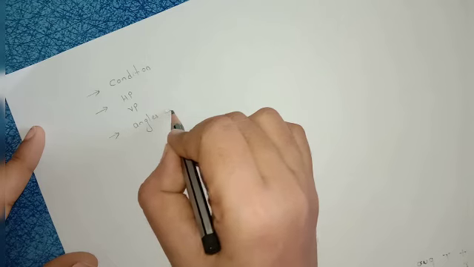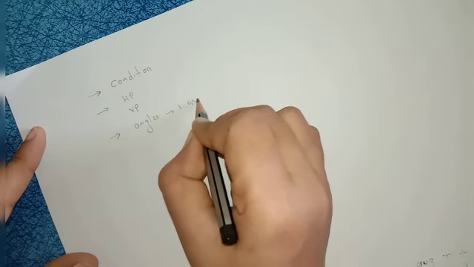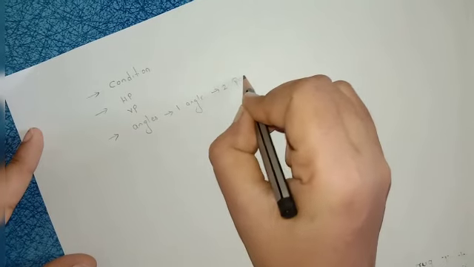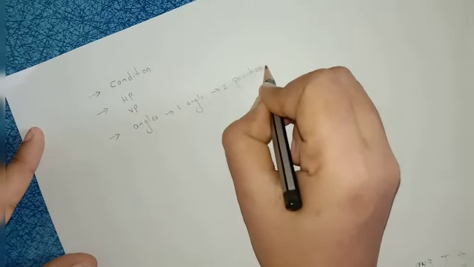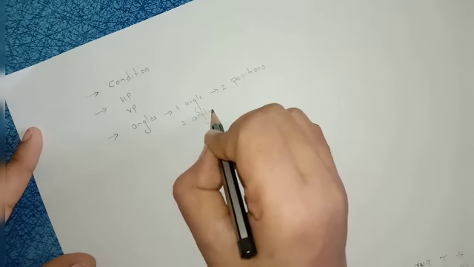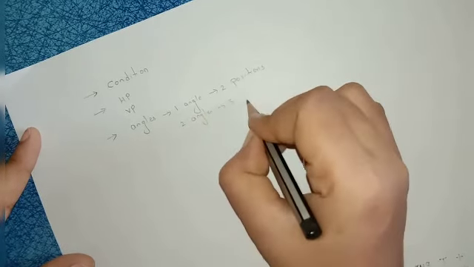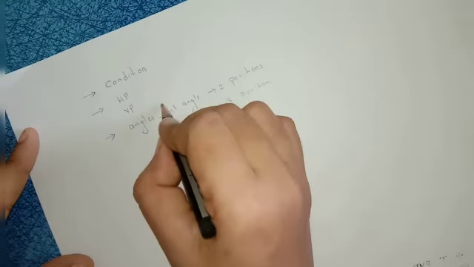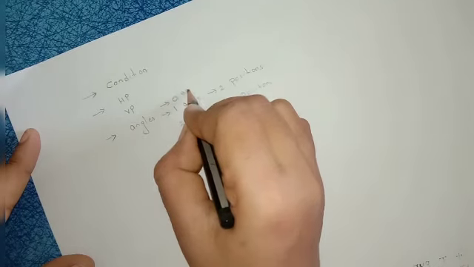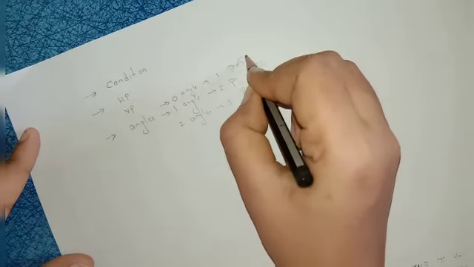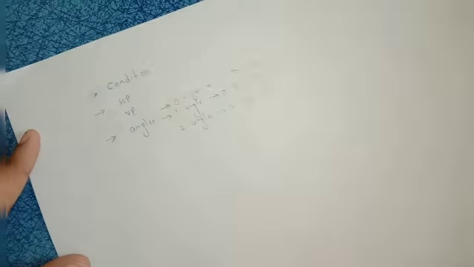If they mention one angle, you have to draw two positions. If they mention two angles, you have to draw three positions. If they didn't mention any angle, that means zero angle, we have to draw only one position, which we have completed in the previous lecture.